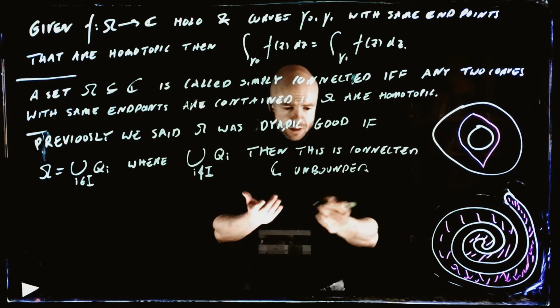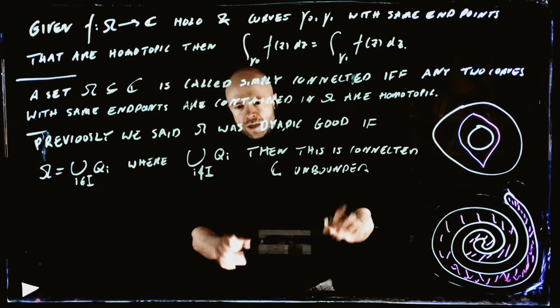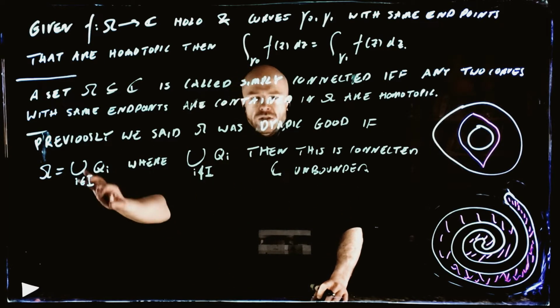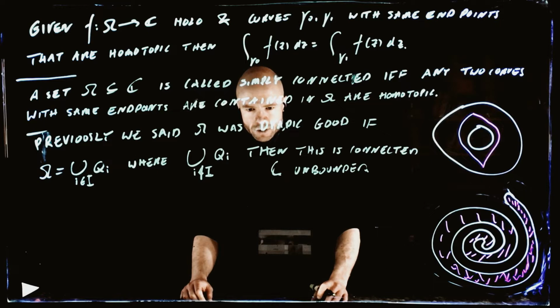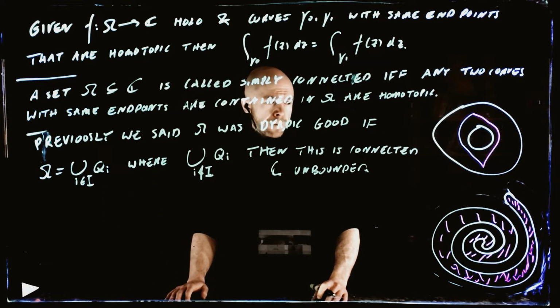And all this does is prevent you having a set which contains something in its interior, like a hole. So this is a crude way of saying you have a set that doesn't have a hole. So these things are simply connected sets.